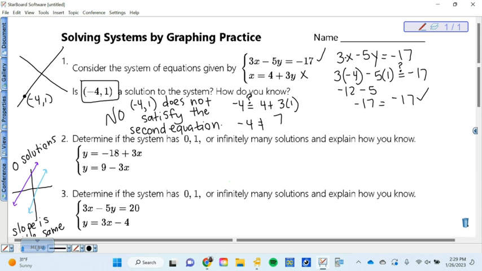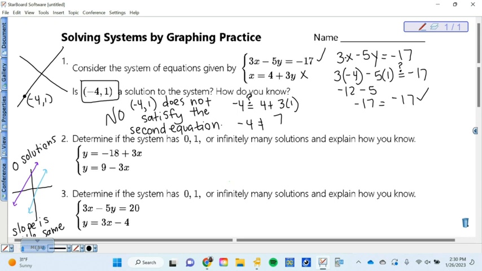All right, now number 2. So we need to figure out, does this system have 0, 1, or infinite solutions? So what do you think we should do? Yeah, let's look at the slopes. Compare the slopes. So what's the slope of the first equation?